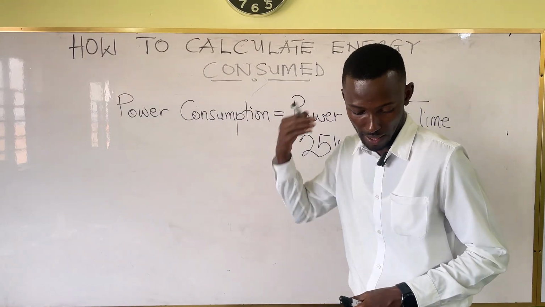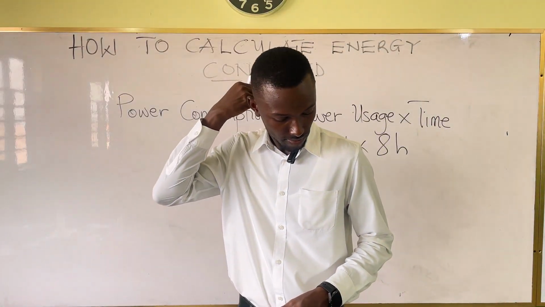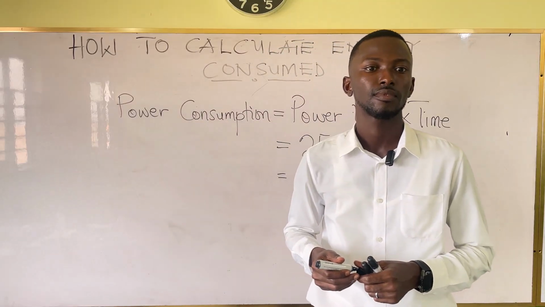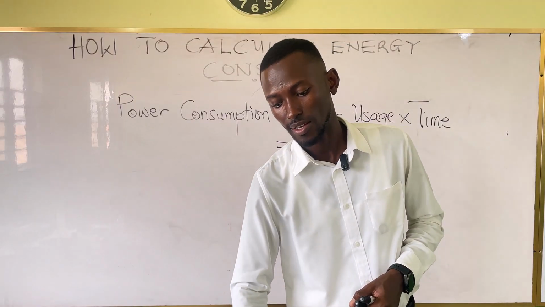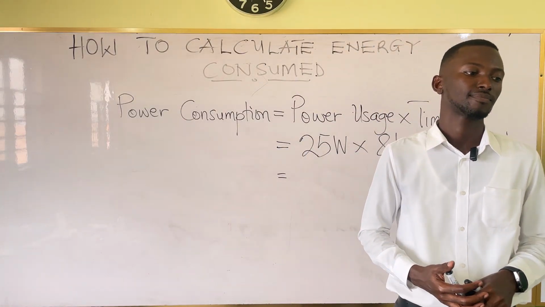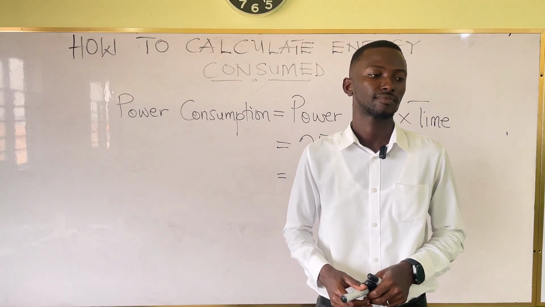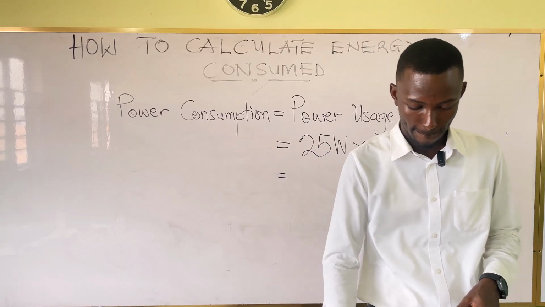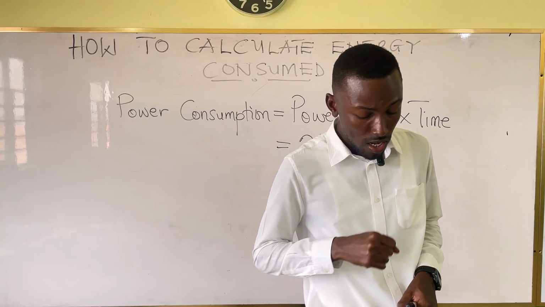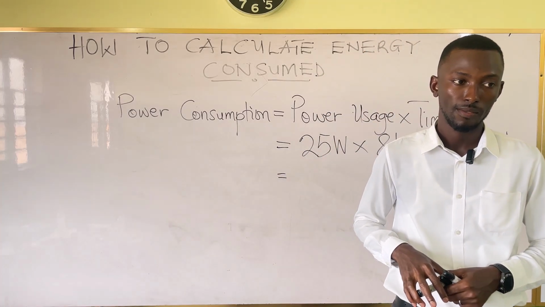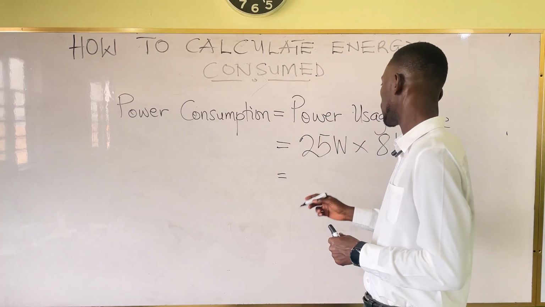So 25 times 8. What's the answer for 25 times 8? 200.